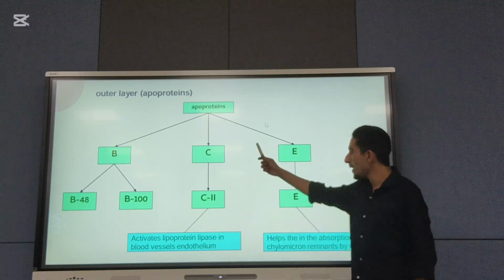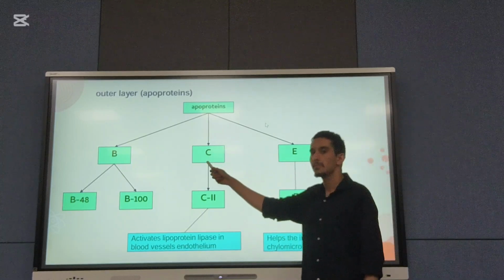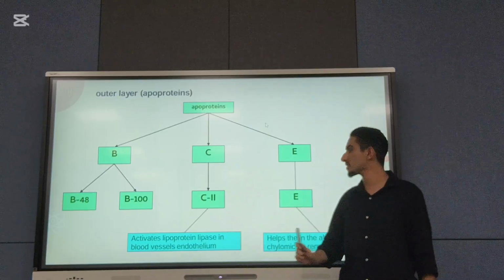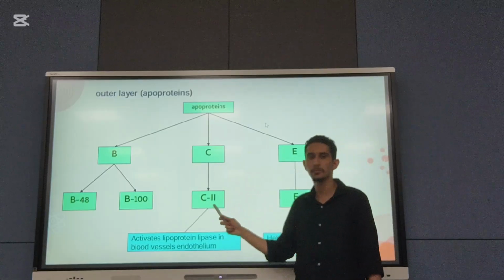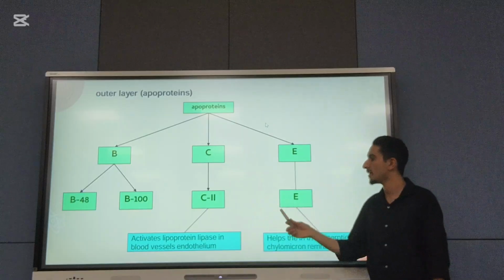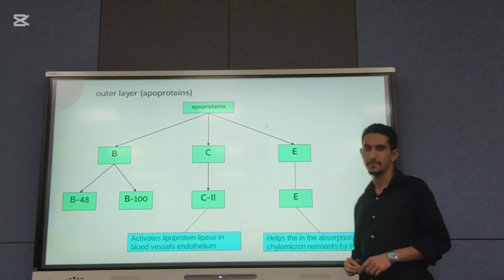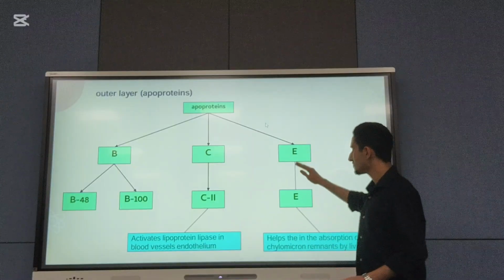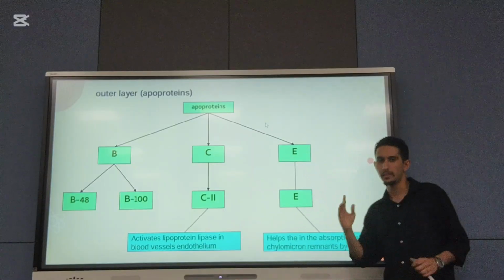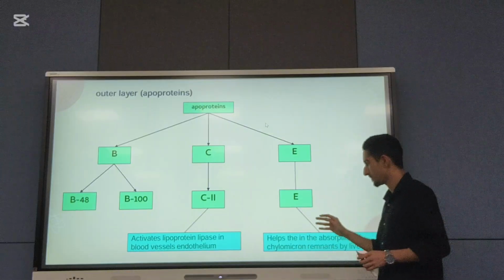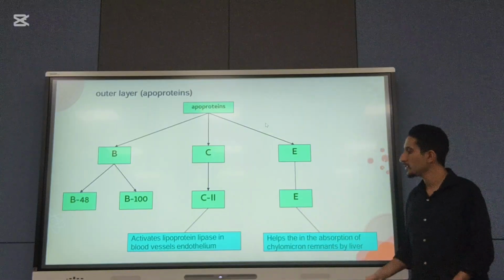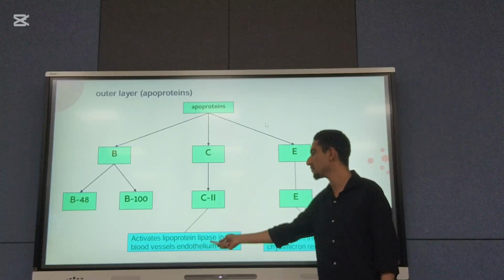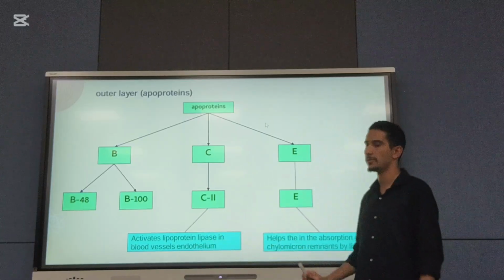Then we have C. There are many other subtypes of C, but our main focus is C2. This is the most important apoprotein C. And we have E. It's only E. There are no subtypes of it. You can see here, it's mentioned that C2 activates lipoprotein lipase in the blood vessels' endothelium.